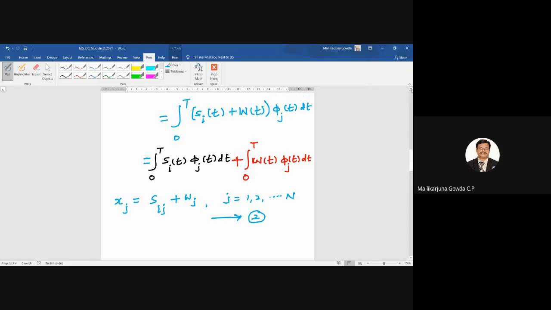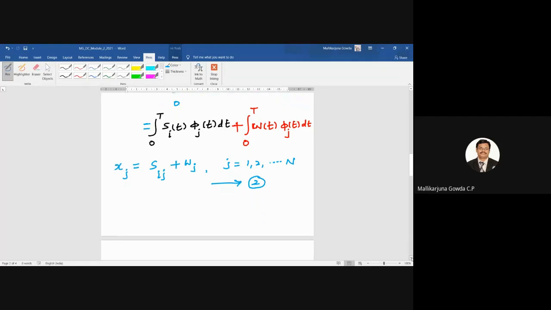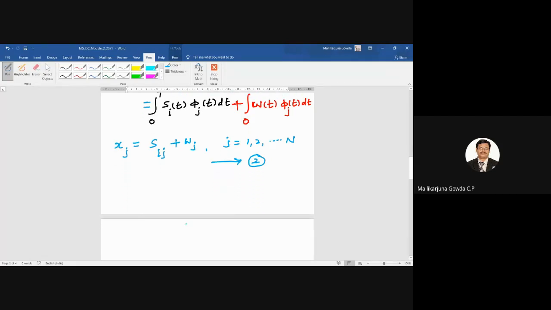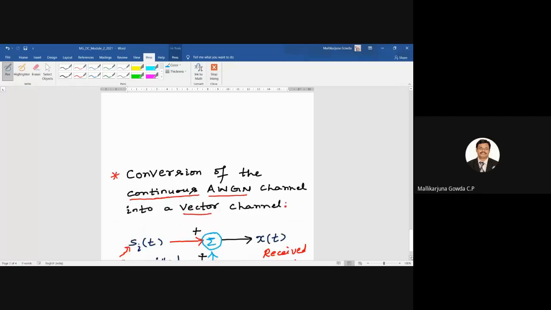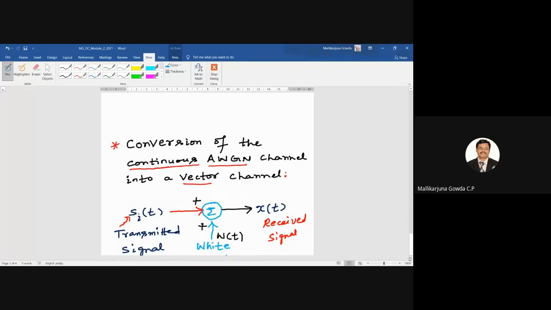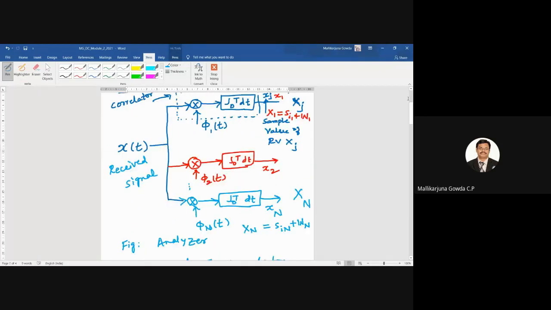I think the diagram is there on the previous page. Here is the diagram, right?